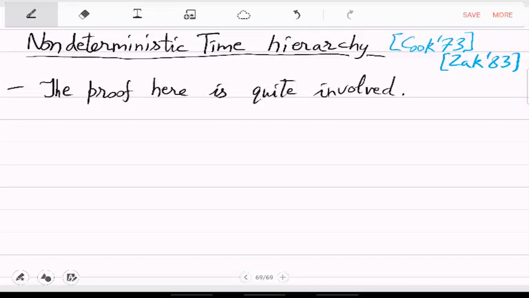Why can't you just do what you did in the time hierarchy theorem's proof? So the problem here is that this is defined in terms of accepting paths. In the extra problem that we designed, because of diagonalization we negated it. When you negate it, you go into the co-class, and the co-class creates a problem.